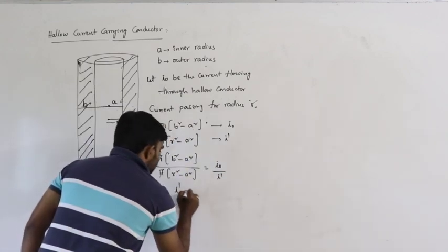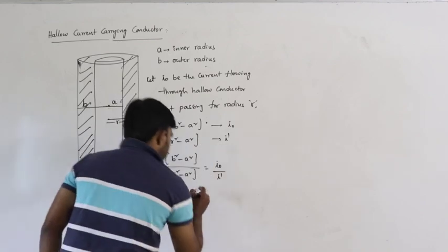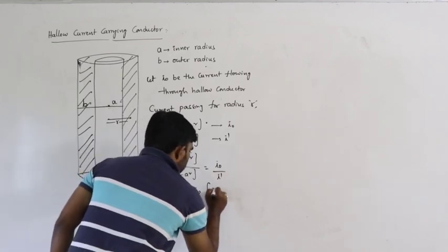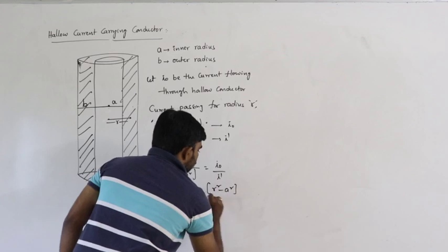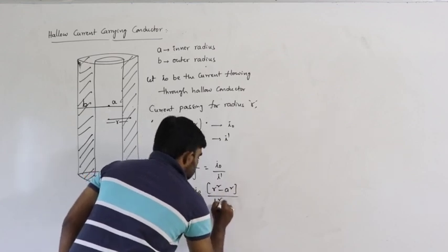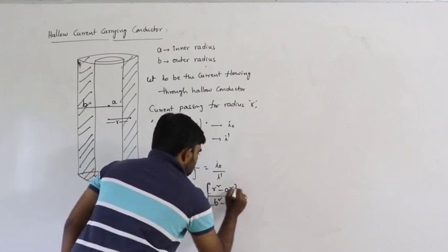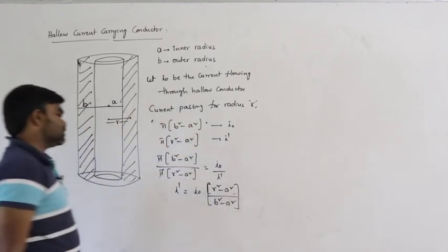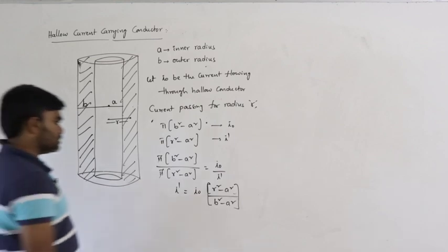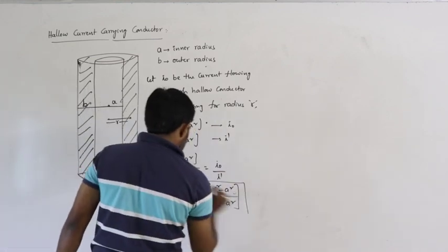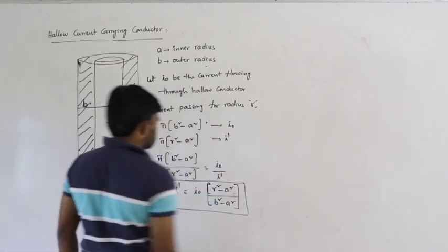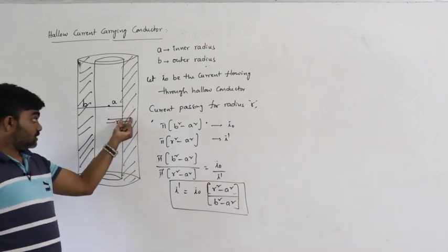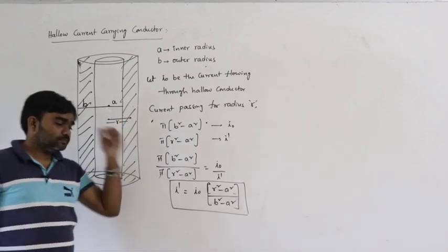So from this, I dash equals I naught into r square minus a square divided by b square minus a square. This is the current passing through this surface.